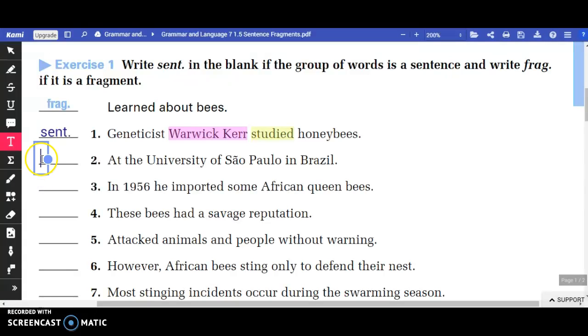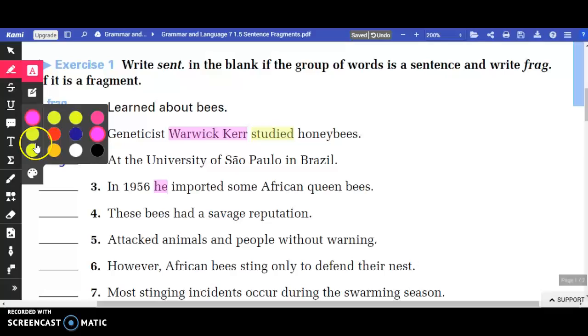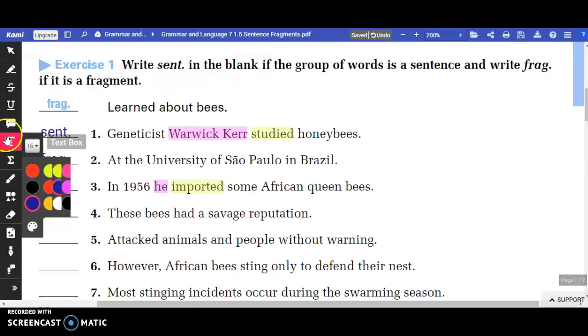So this would be a fragment. Number 3, in 1965, he imported some African queen bees. So with this sentence, I can tell that it is about the person, he, and what he did was imported. So I have a subject and a predicate here, making it a sentence.